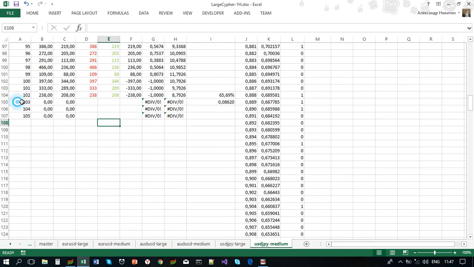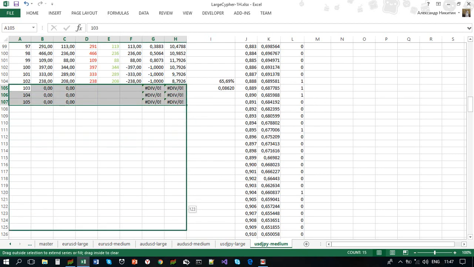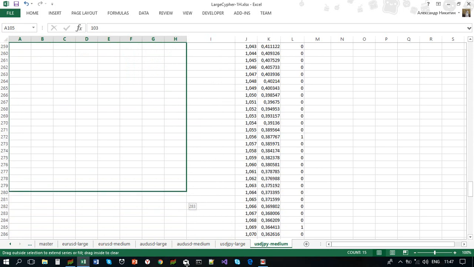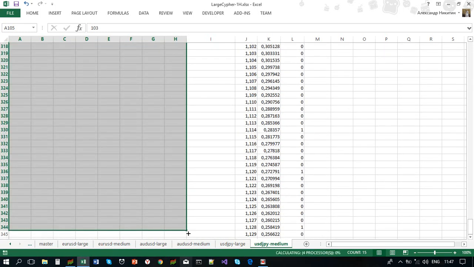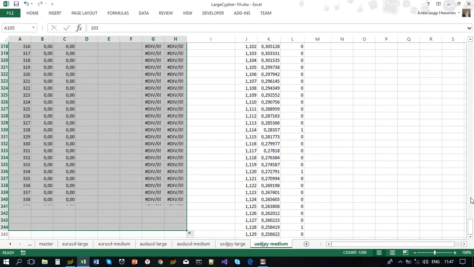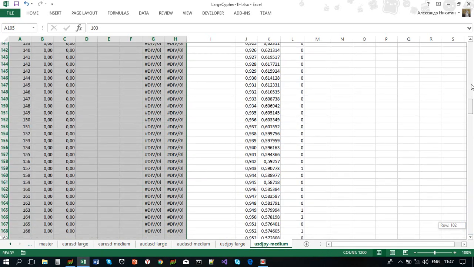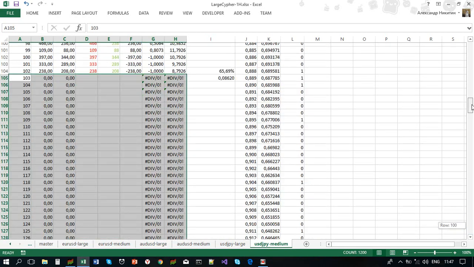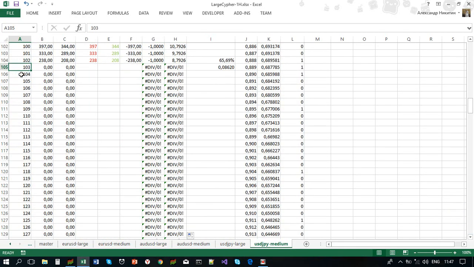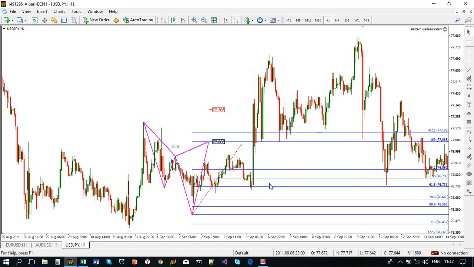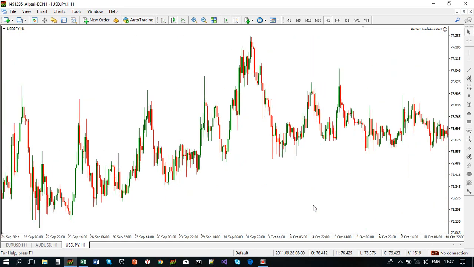Okay, let me do it this way. I will copy this formula to the downside as we are moving more and more. So let them be copied. You see, 103, 104, 105. This is the number of trades. Now let's continue. Okay, perfect.